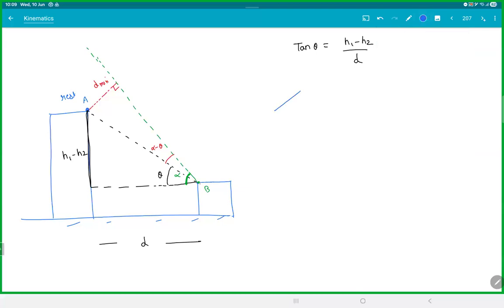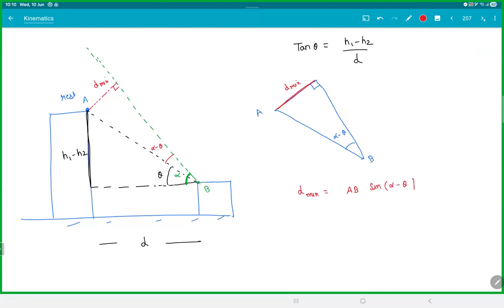Now we got a triangle which looks like this. 90 degrees. This is A. This was B. This angle was theta, and this is alpha minus theta. This was your D minimum. We get D minimum is equal to AB, the hypotenuse, times sine of alpha minus theta.